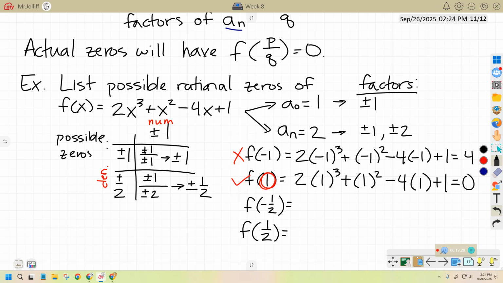I can't have more than 3 zeros in a degree 3 polynomial. Not necessarily, because remember that my polynomial can have non-real zeros. So that's why we're checking.